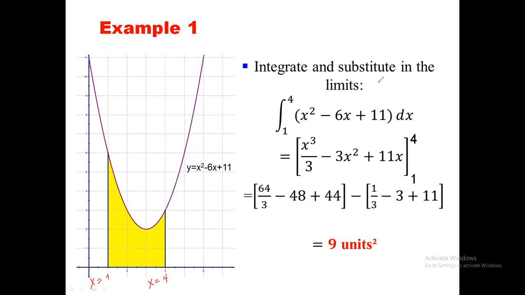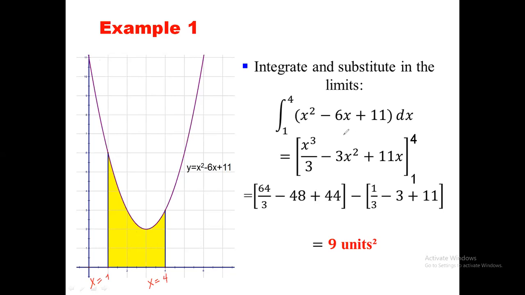You're simply going to find the value of this definite integral, but actually, the value of this definite integral is this area shaded in yellow. So the area that you're trying to find is the value of this definite integral, bounded by the integrand, the two limits of integration, and the x-axis.